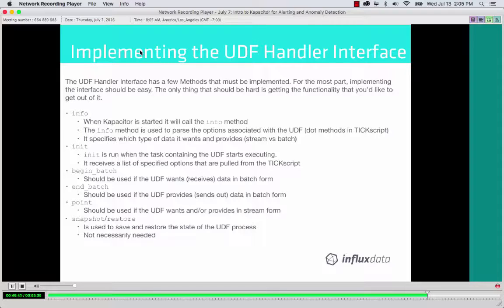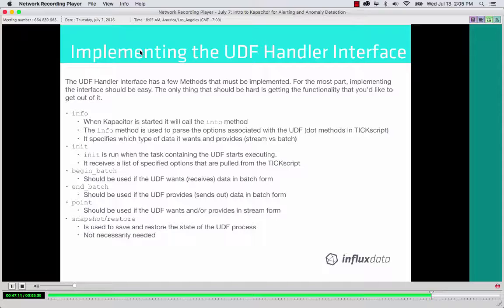Then the next method is begin batch. This method should only be used if the UDF wants or receives data in batch form. If the data being sent to it is batches of data, not single data points, you'll want to implement the begin batch method. If it does not accept batches, then this method can simply be a no-op.